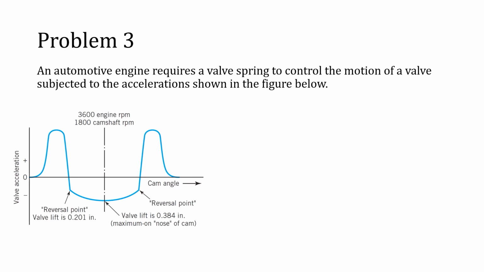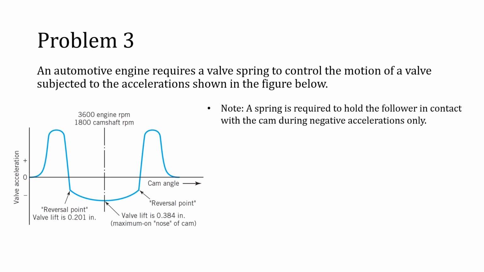And then the third point, that's not really a separate thing, is just that reversal point again. So that's pretty much it. A few things to note. The spring is required to hold the follower in contact with the cam during negative accelerations only, so that's why we're not paying attention to what's happening on the positive side of this plot.